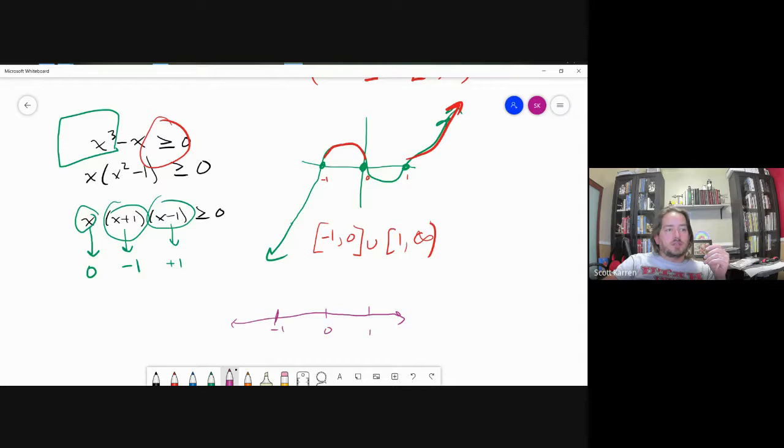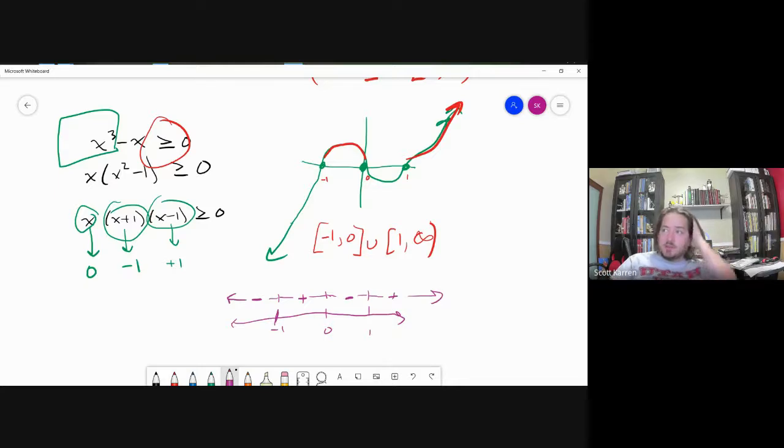So if it's positive at one of these values, it's going to be positive in that entire region. If it's negative between 0 and 1, it's negative through that entire region. And once again, if it's positive, it's positive through that entire region forever. And this guy is negative, therefore it is negative in that region forever, right?